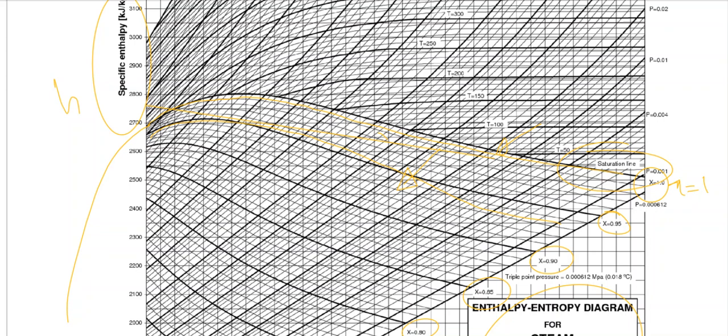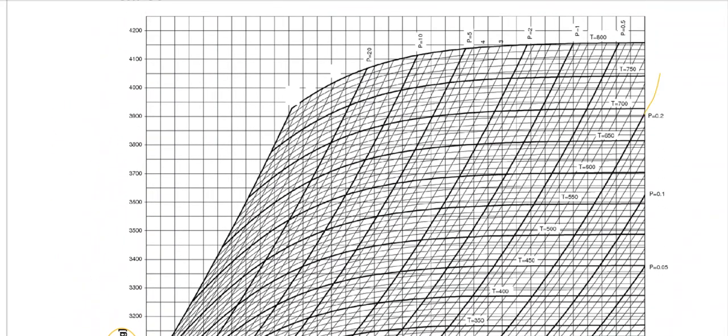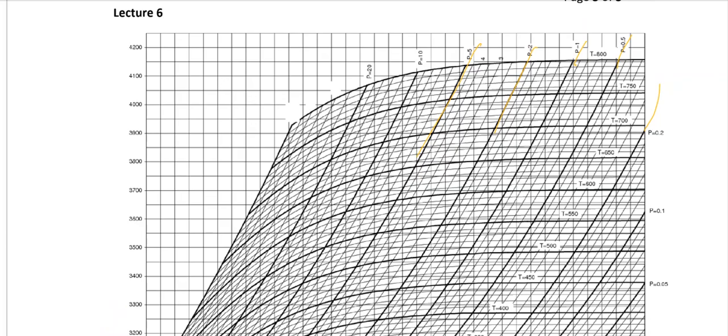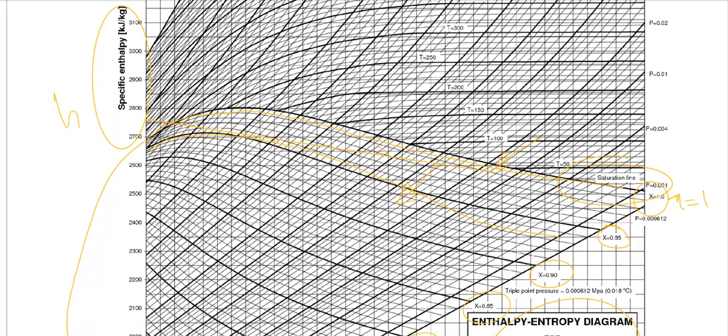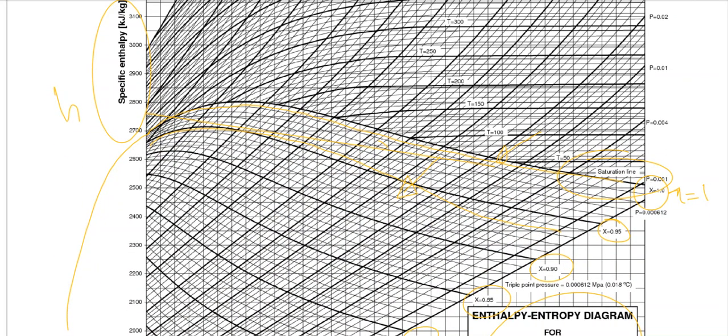Now the other major distinct lines you can see are these big lines over here. These are my pressure lines. If you can imagine, in a vapor dome the pressure lines are normally something like this.